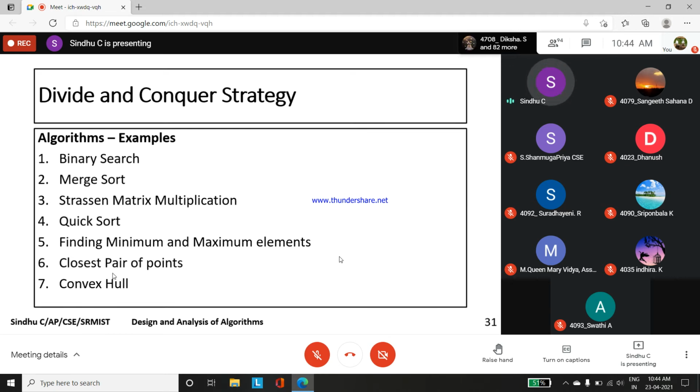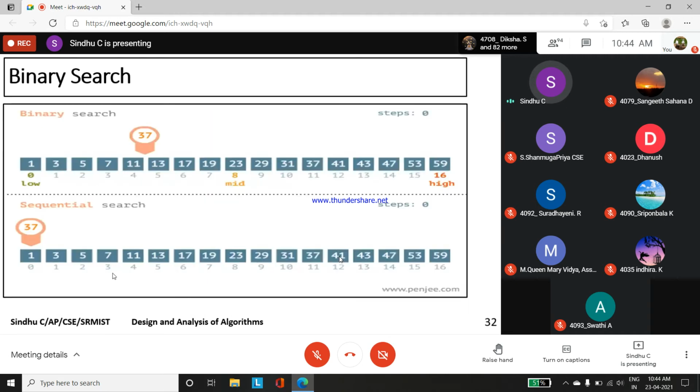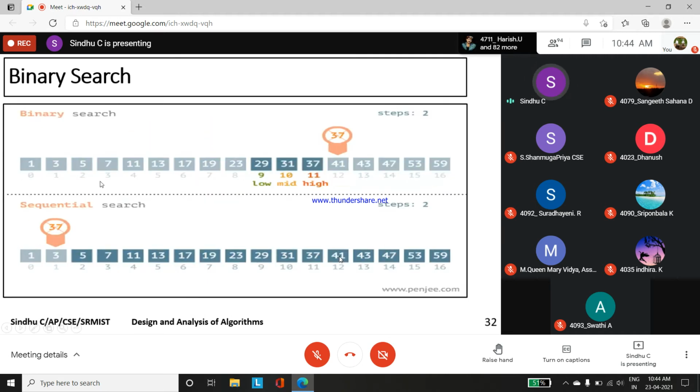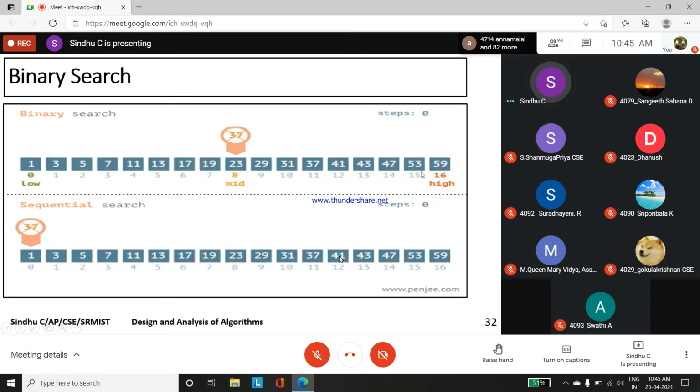So I've taken binary search here, right? For performing binary search, you will have to have a sorted array, right? So when you have a sorted array, you divide the array into two and identify the midpoint.